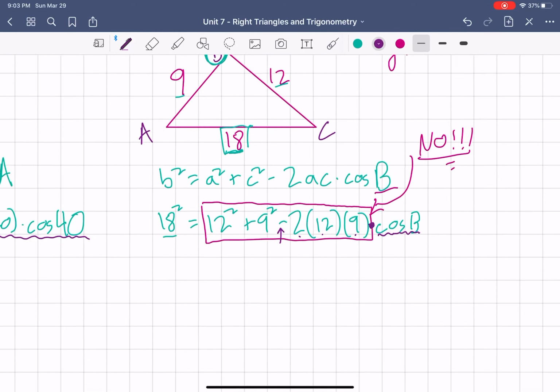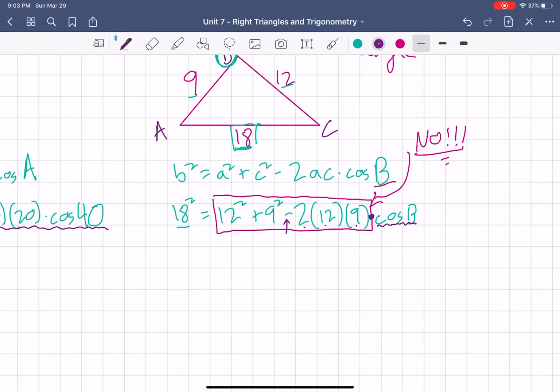So this is what this will look like. We're going to simplify 18 squared. We'll start there. 324 equals, and then we're going to simplify this part. This piece we can simplify all at once because it's just addition. So 12 squared plus 9 squared, if you throw that in your calculator, you're going to get 225.